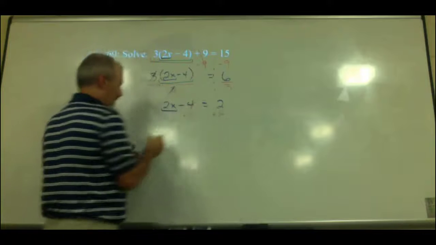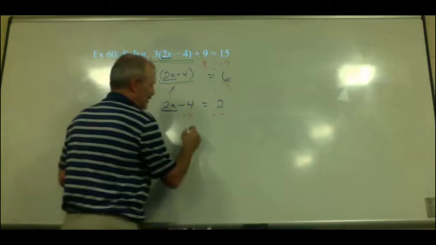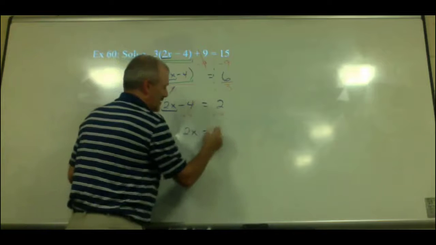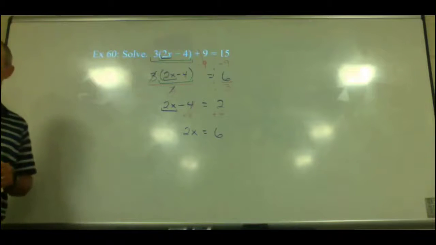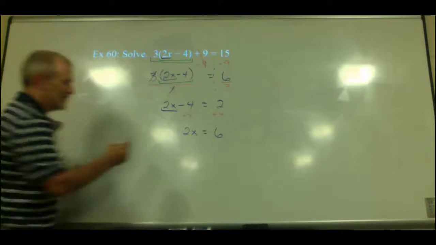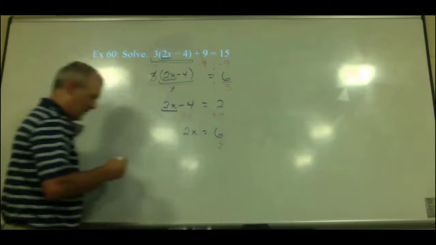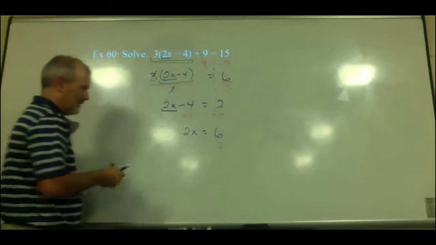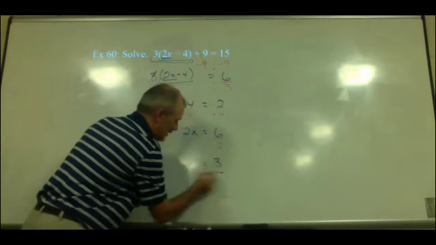So now this cancels out, and what we have left is the 2x and we have a 6. And then what is our very last step here? Finally, we can get rid of the 2. How do we do that? Divide by 2. And we get x equals 3. 6 divided by 2 is 3.